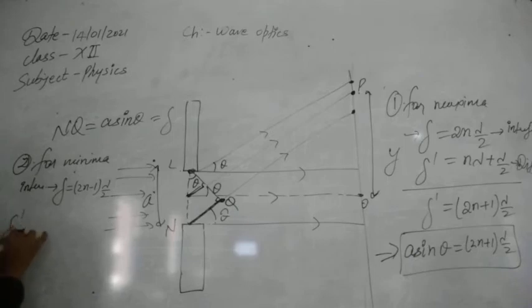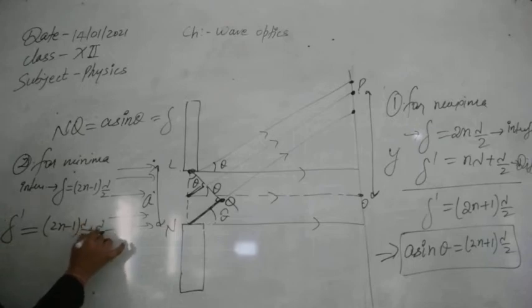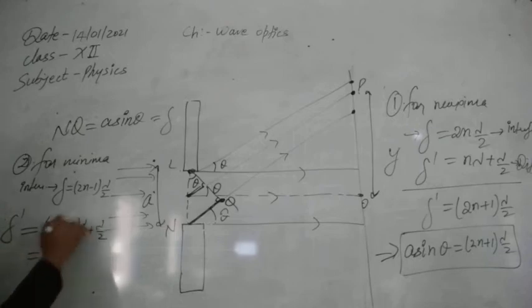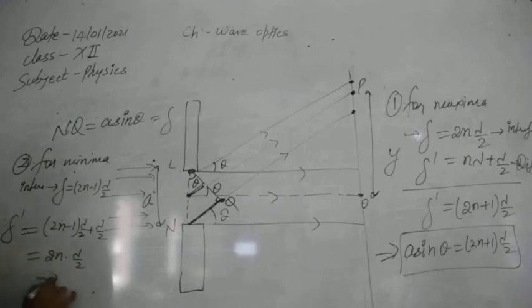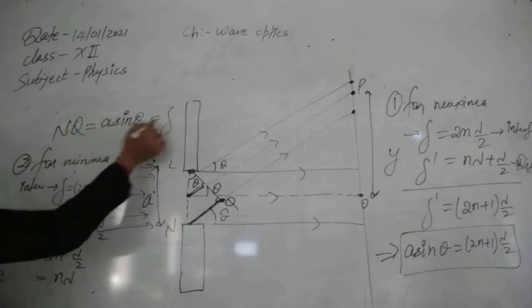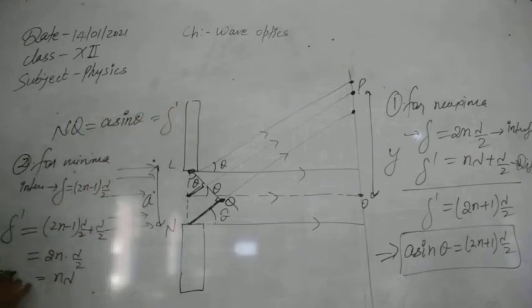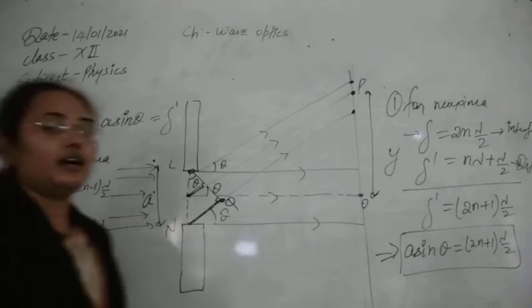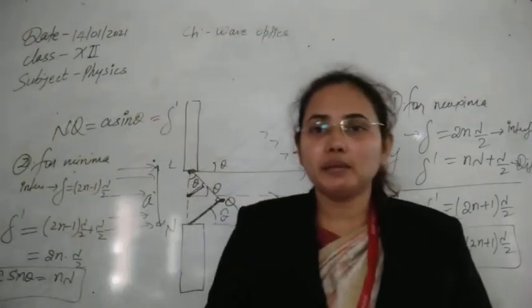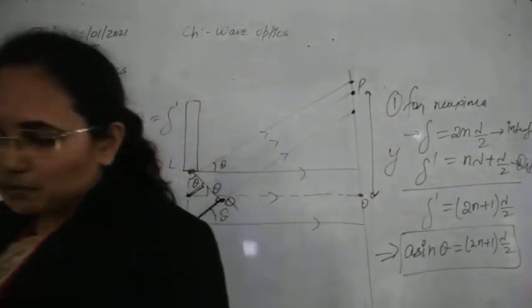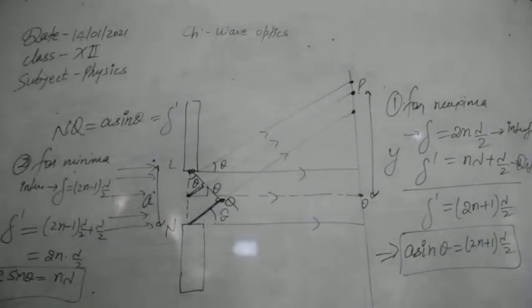Now for diffraction, as we know, an additional lambda by 2 path difference is created due to bending of light, so the whole path difference will now be 2n into lambda by 2, that is an even multiple of lambda by 2, or n lambda. And if you put the value of delta dash, that is A sin theta. So this is the general form for the conditions of maxima and minima in the case of the single slit experiment. So the diffraction slit experiment easily explains the conditions of maxima and minima.